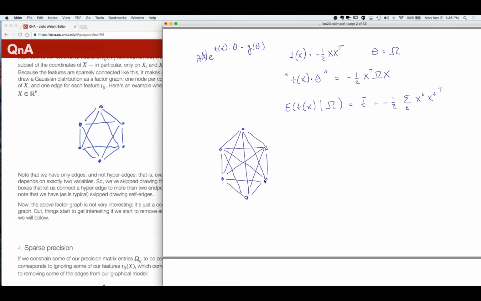All right. So this is the graph that I actually mean, and I'll update the notes after class. Thanks for pointing that out.